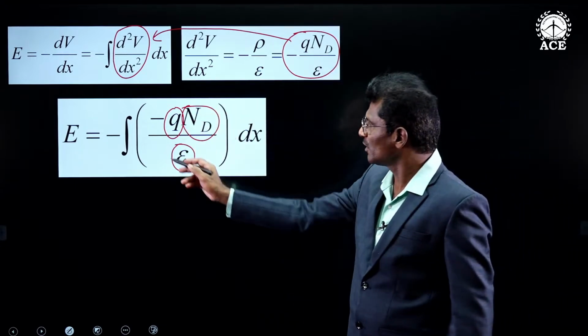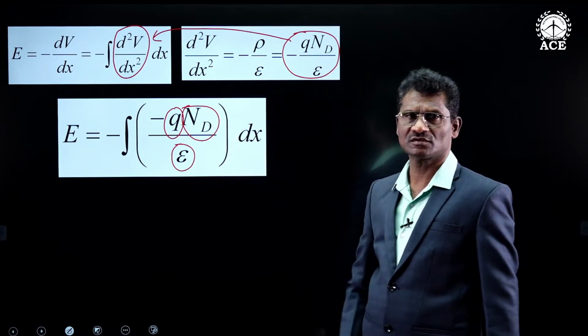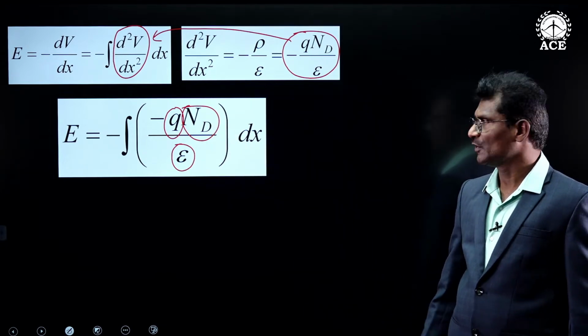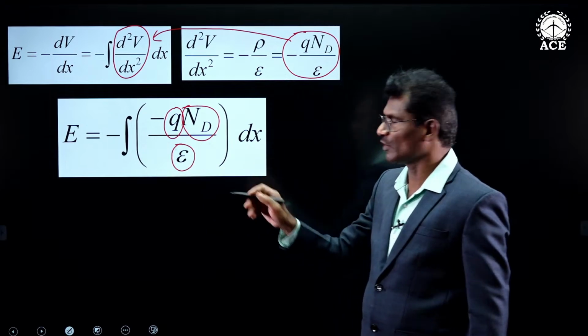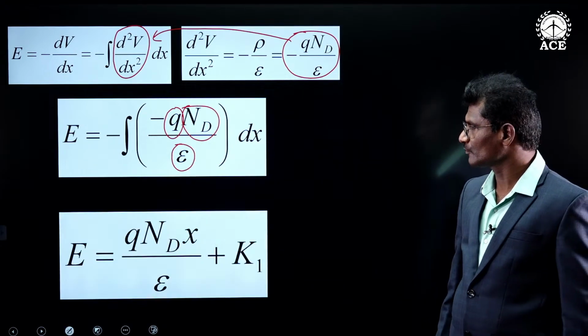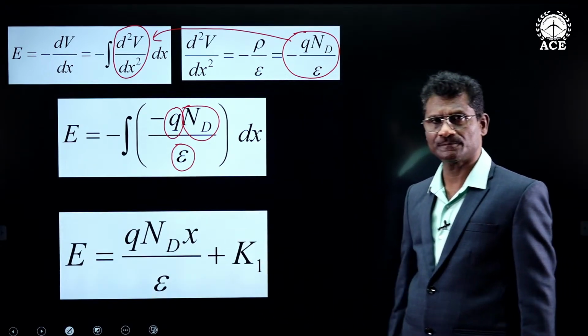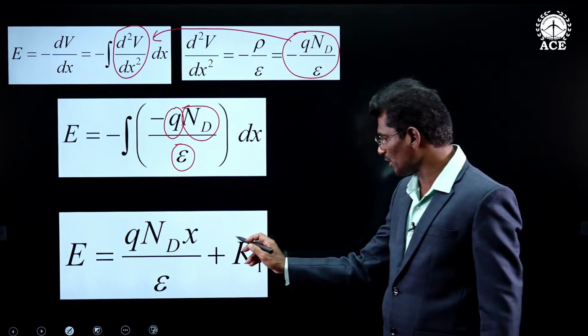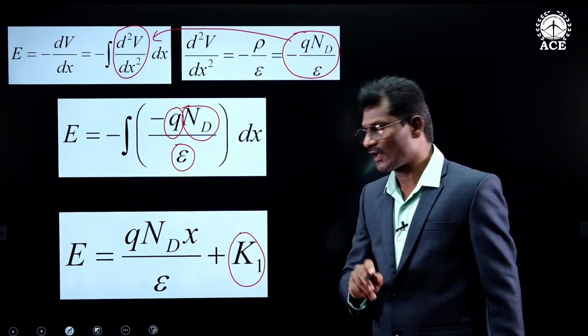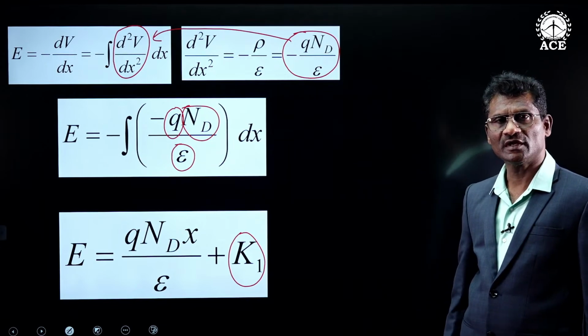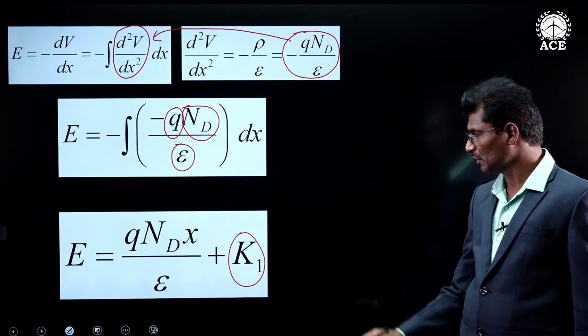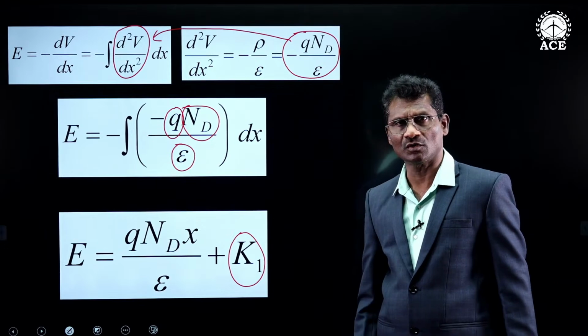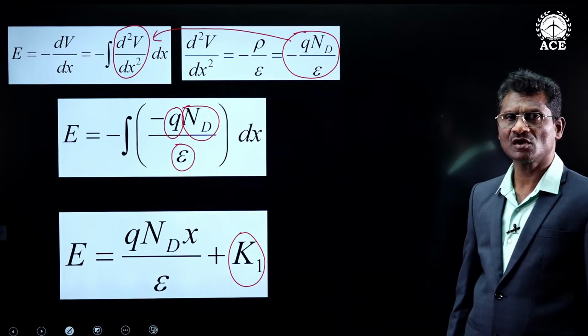So all these are independent of this dx, integral variable. So integral dx will come out as x, and hence we get this equation. It can be observed that we are adding k1, which is an integral constant. Let us see how to find out the value of this integral constant.